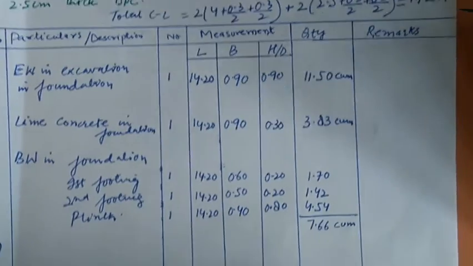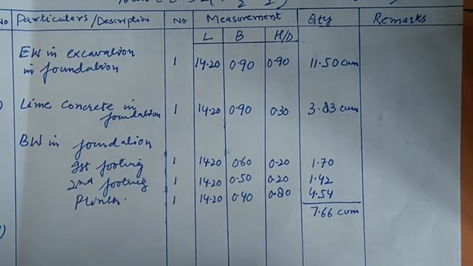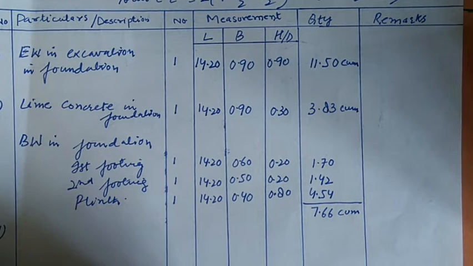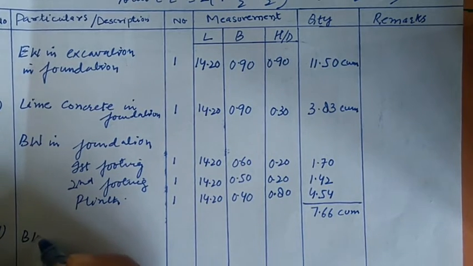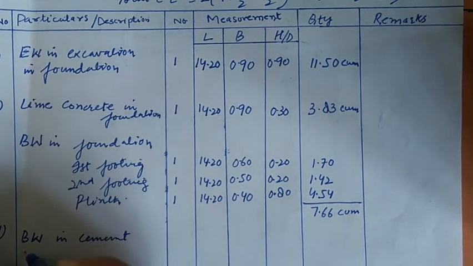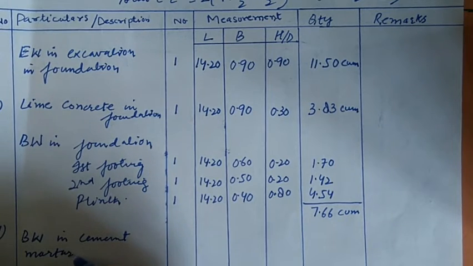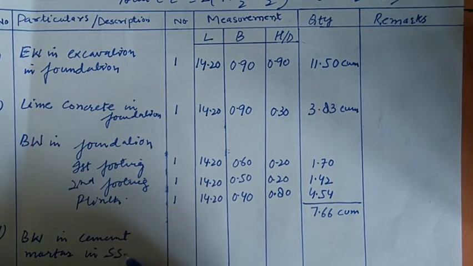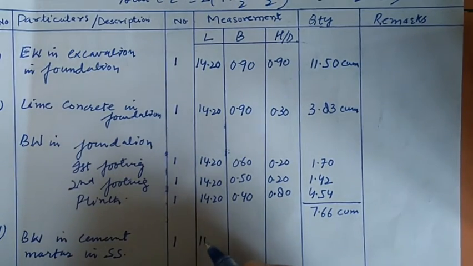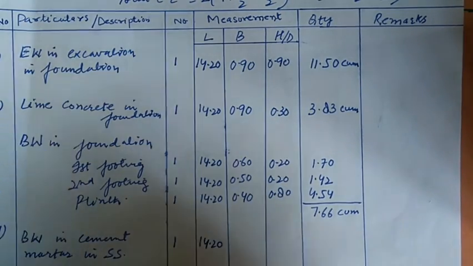Now the fourth thing which has been asked in the question, brickwork in a superstructure. Brickwork in cement mortar in superstructure. So again the number is 1, the length is 14.20.